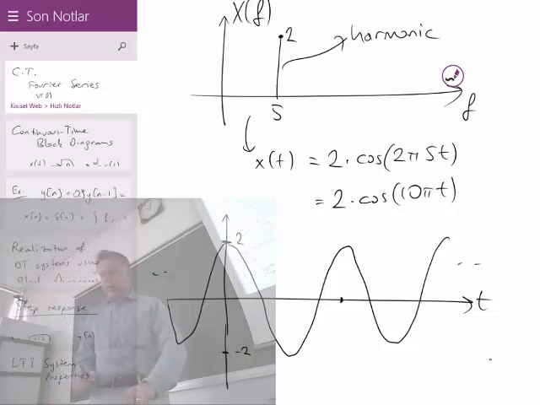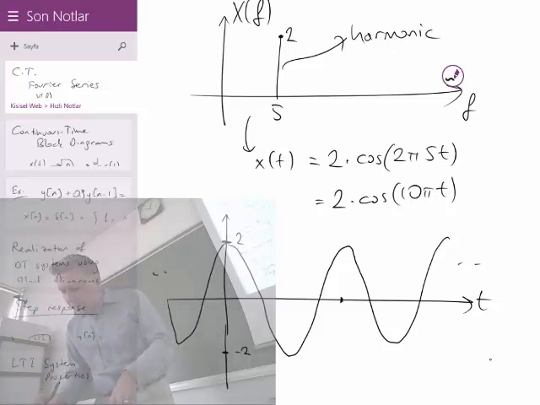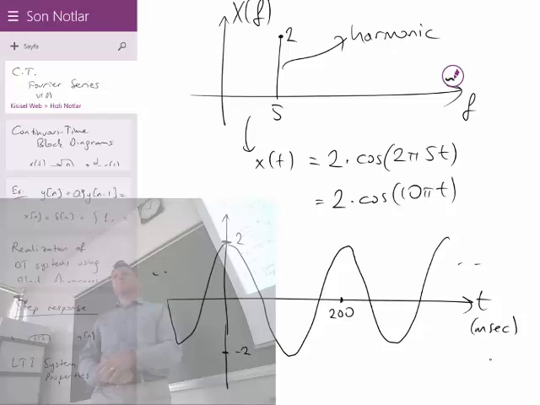The period is here, where it makes one full cycle. What's the period? It is 1/5 seconds. What's 1/5 seconds? 200 milliseconds, let's say. Let's write it in terms of milliseconds. Then this would be 200, this would be 100, this would be 50, like this.